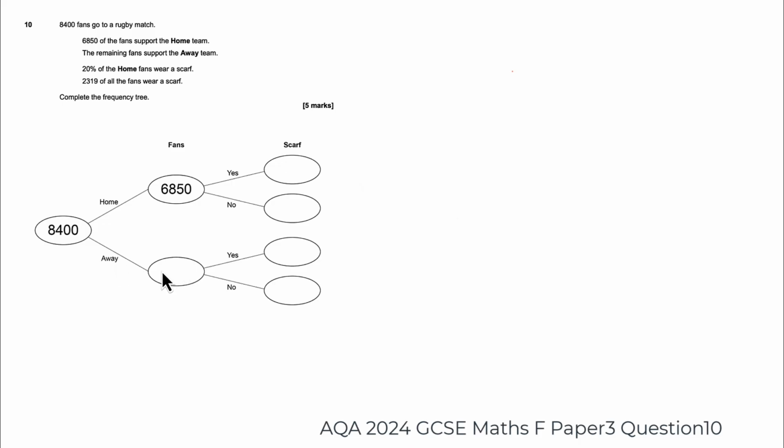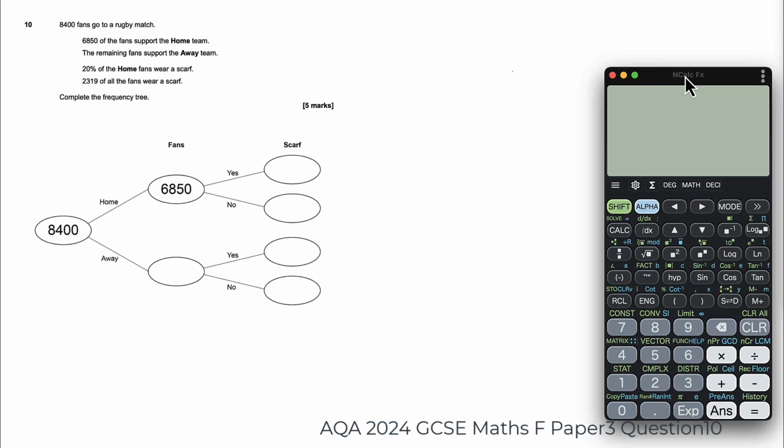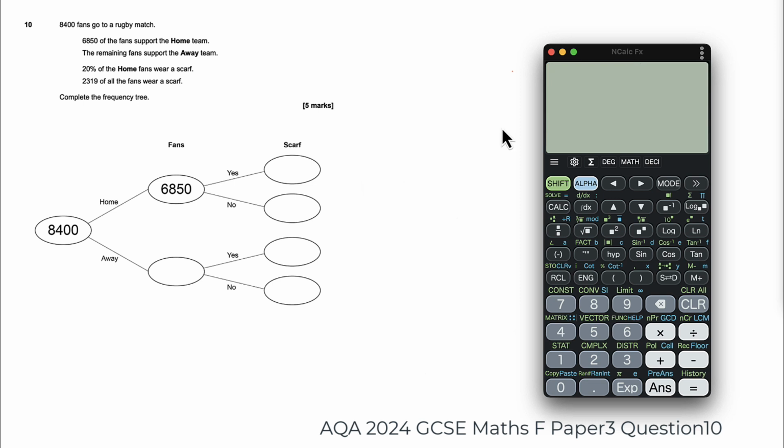So we could fill in this, because the ones that support the home team plus the ones that support the away team will come to a total of 8,400. So we should be taking away 6,850 from 8,400. So let's do that.